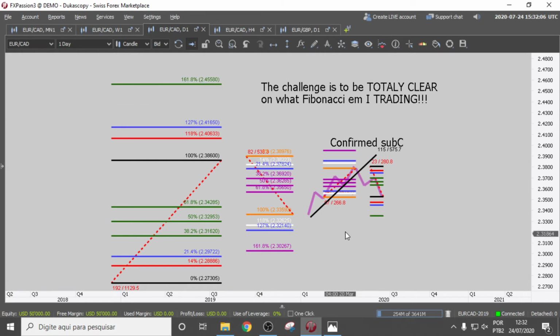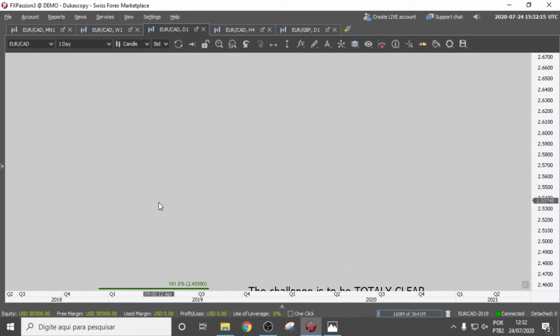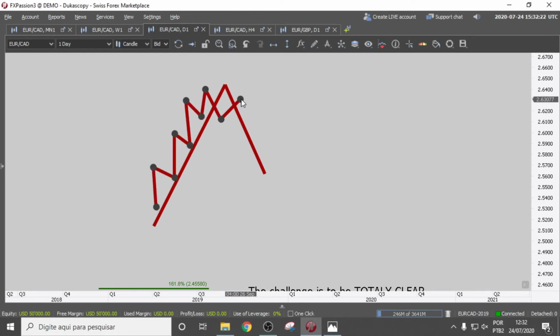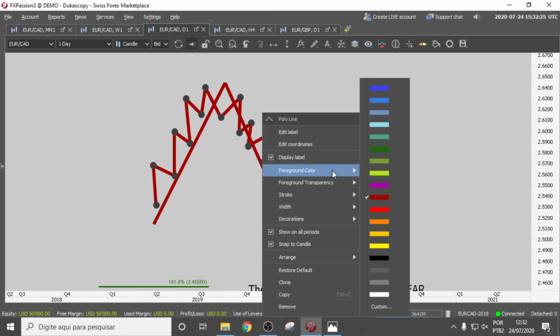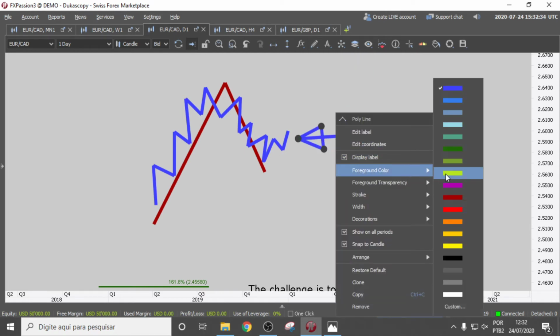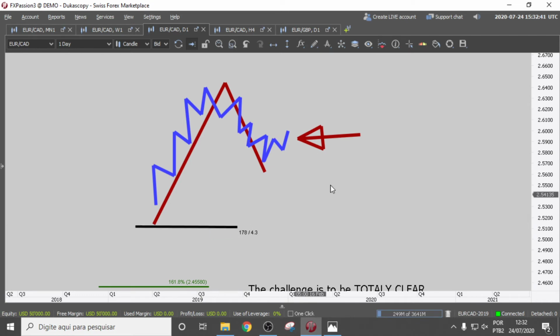So if you are going to trade the confirmation Fibonacci and take profit at the D of the original one, it's like I have a structure and the short-term trend on this structure, and I'm trading the short-term trend, and I'm going to put a stop loss down in here because this is the safest place, right? So when I say that this is the safest place, am I wrong or am I right?